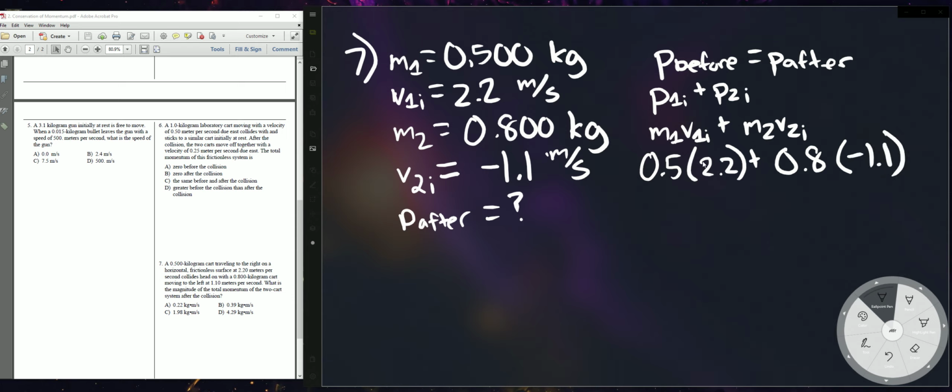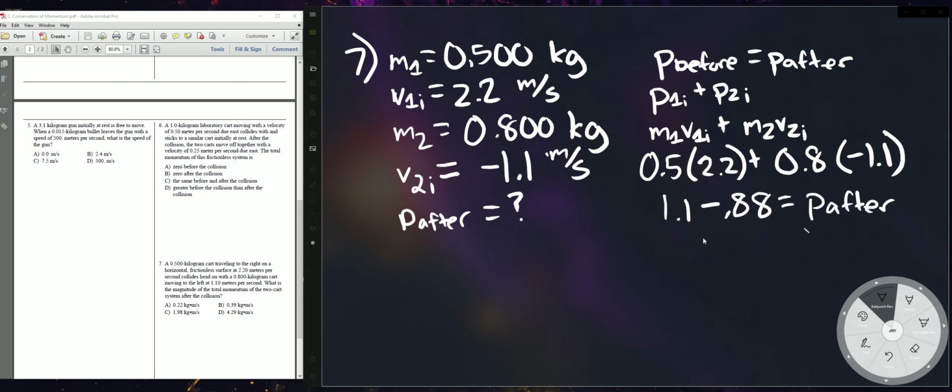So 0.5 times 2.2 is 1.1, plus 0.8 times 1.1, negative 0.88. Negative 0.88 is equal to P after.